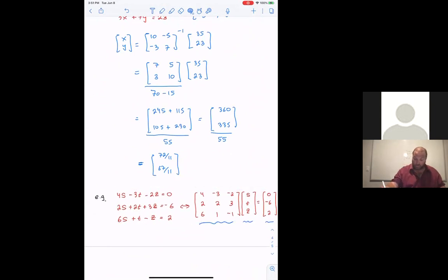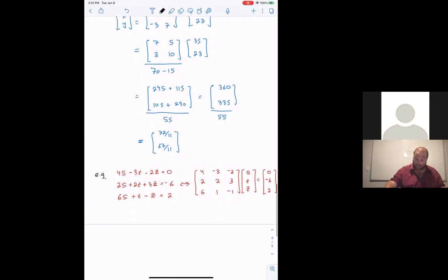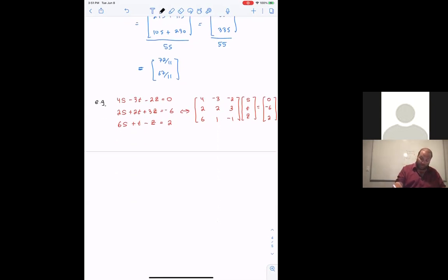This is a 3 by 3. How do I solve this? Well, the same way. S, T, Z, the thing that I'm looking for, is the inverse of 4, -3, -2, 2, 2, 3, 6, 1, -1 times 0, -6, 2.